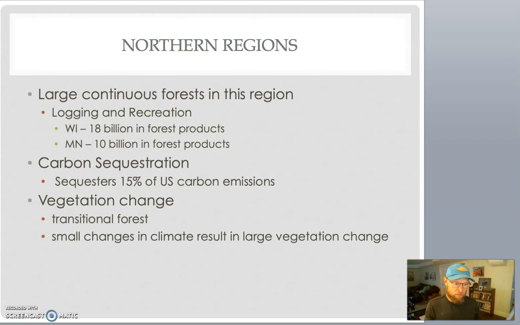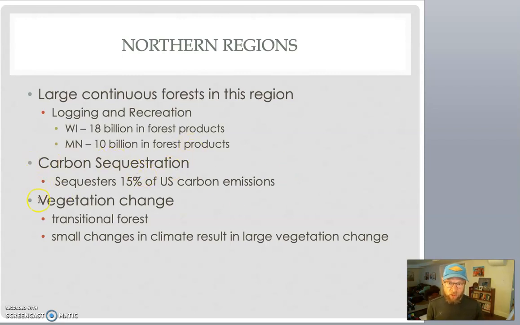There's a lot less urban development in those areas, and so lots of those forests are still intact and provide a lot of logging and recreation throughout much of the eastern US. Just as an example, Wisconsin and Minnesota's forest products here are listed, a fairly large amount of forest products. So people are relying on those forests for those kinds of products.